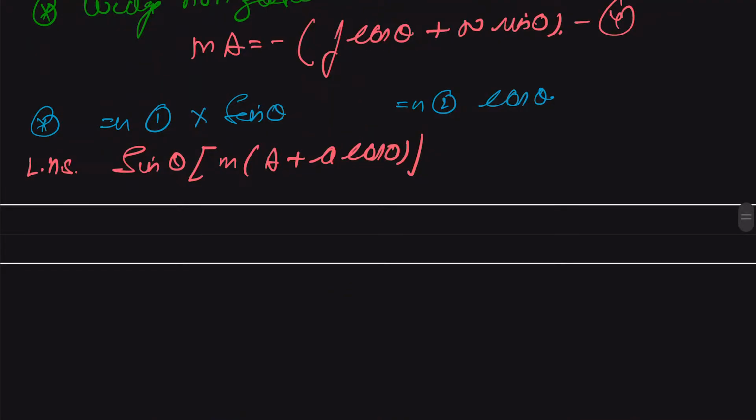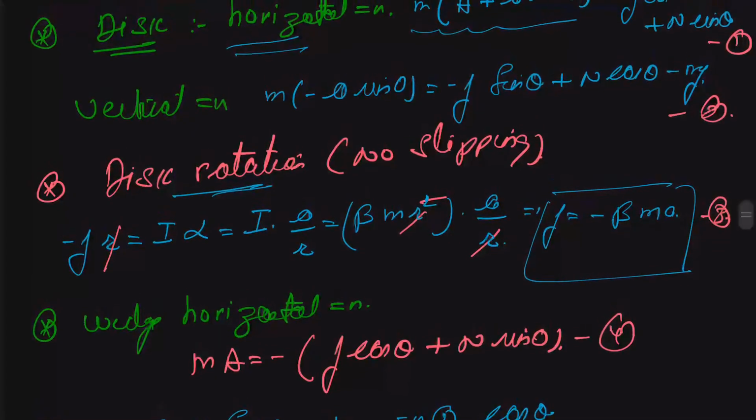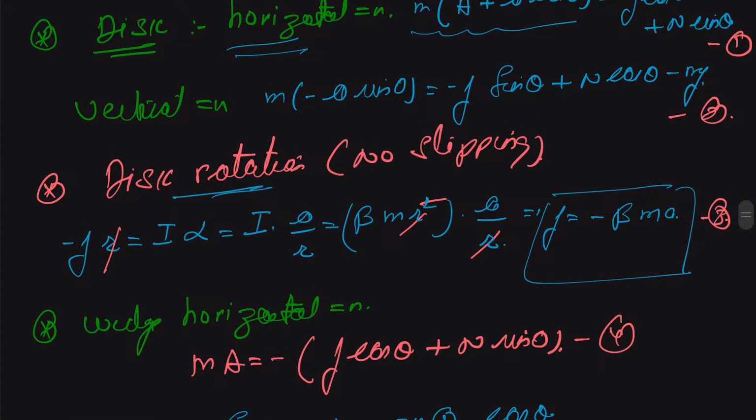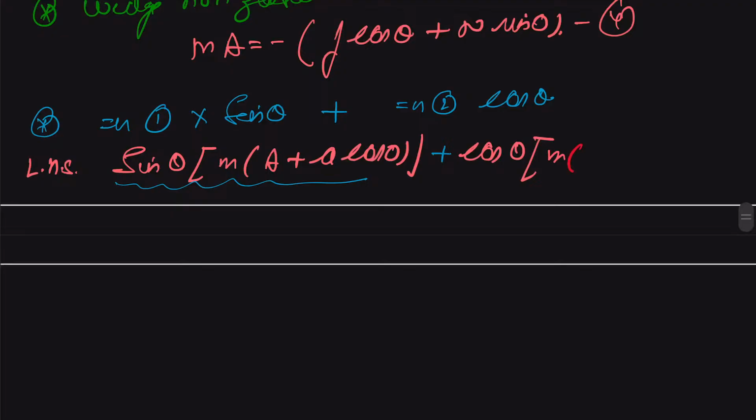One second, we multiply them and we add them. Okay, so this is our left hand side of first equation plus left hand side of second equation, which is our cos of theta, and the second equation is our m minus a sine of theta, and this comes as m minus a sine of theta.